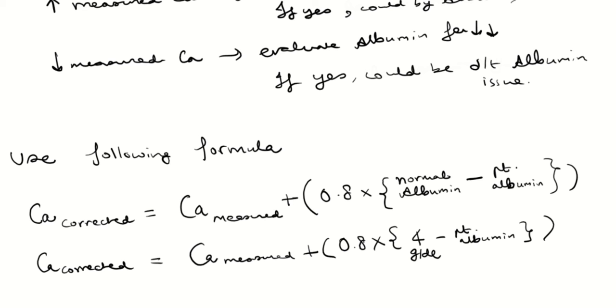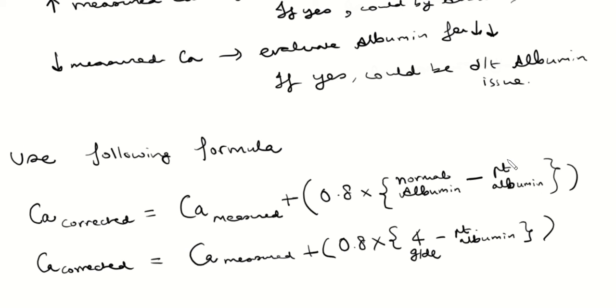That's why we use this formula: corrected calcium equals calcium measured plus 0.8 times normal albumin minus patient albumin.